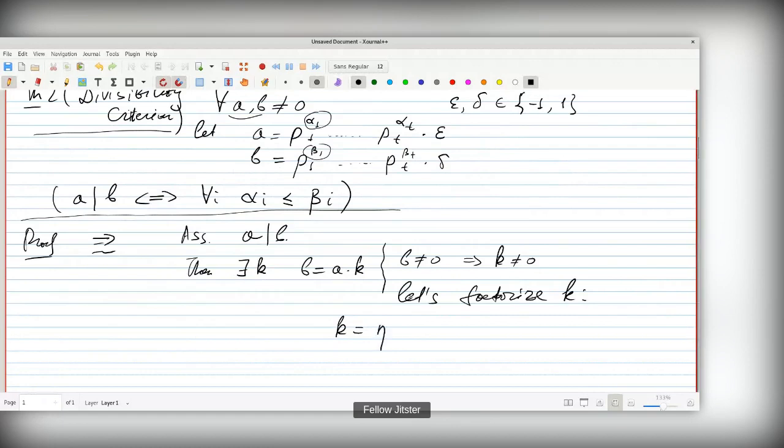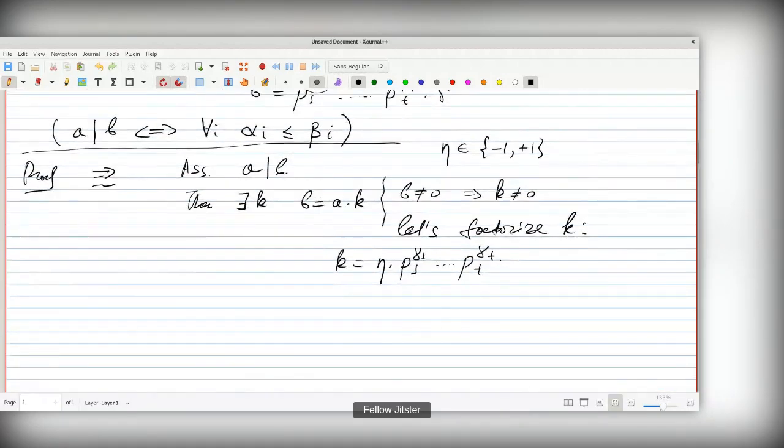It is some eta, which stands for the sign, multiplied by p1 to the power gamma 1, and so on. We have factorized it. And what do we have? Let us consider this equation.